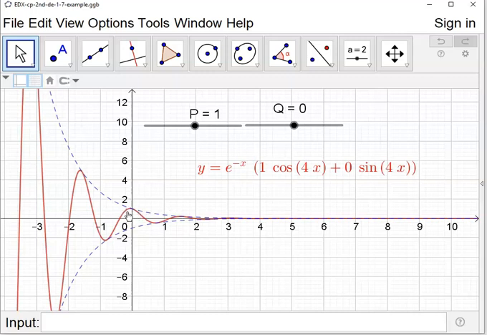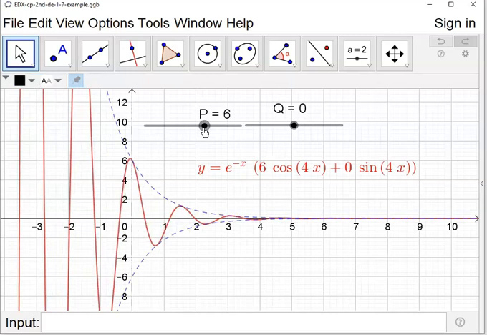When x is 0 we can see that we are getting that amplitude is 1. The interesting thing here is as x gets bigger, then e to the minus x decays. So you can see these blue dashed lines showing you the e to the minus x as it decays towards 0, and when x is negative then e to the minus x would get exponentially bigger and bigger. So that's the solution when P is 1 and Q is 0.